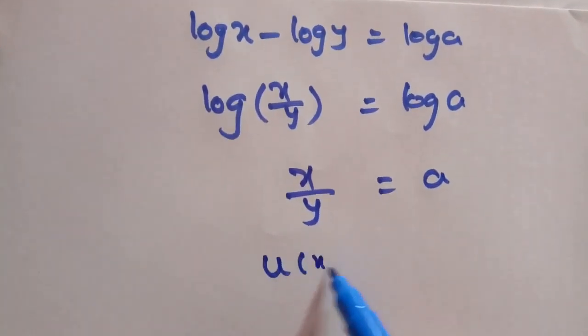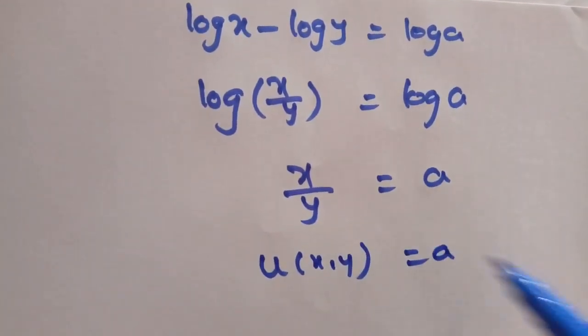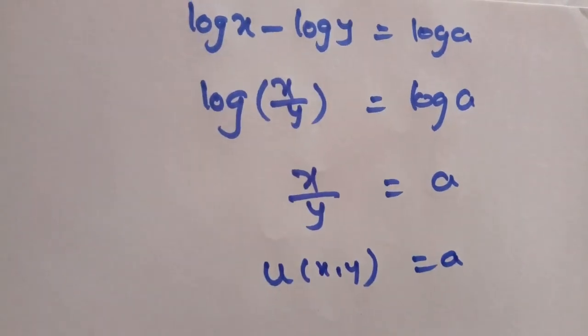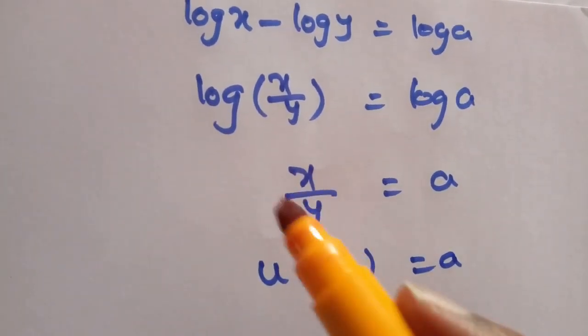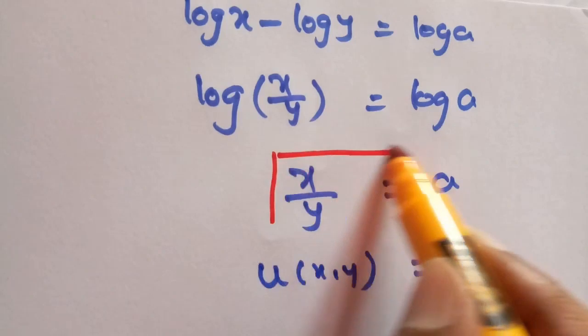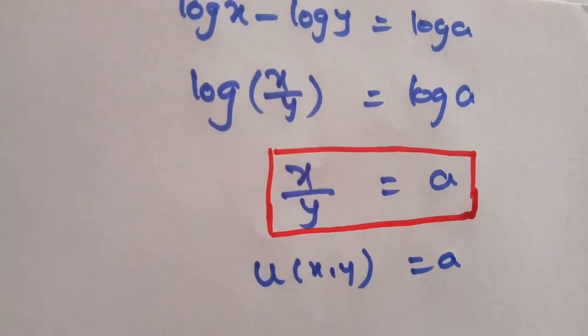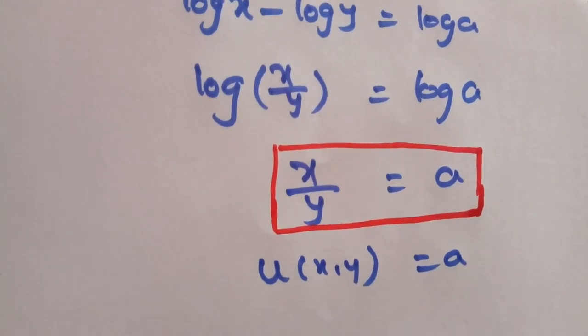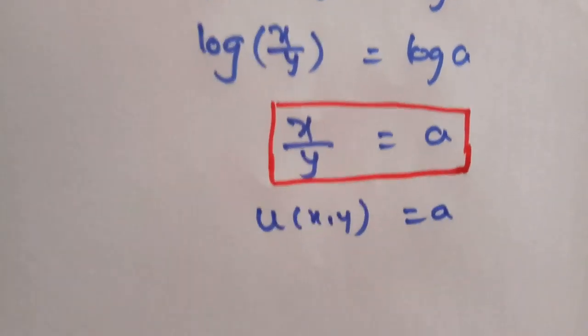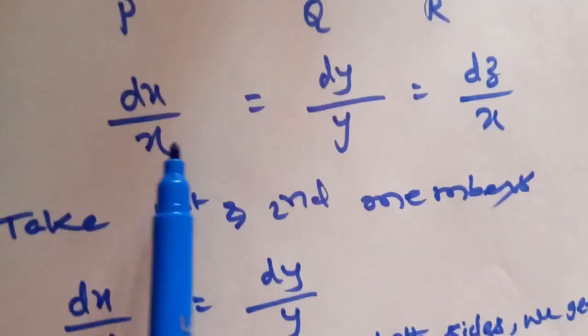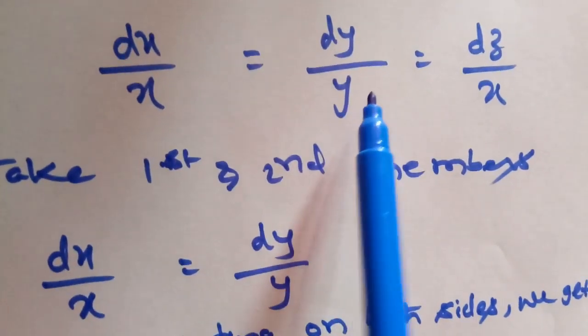This is of the form u of x comma y is equal to a. Therefore, this is the one independent solution. Next, take another group. Here, first two members we already taken.